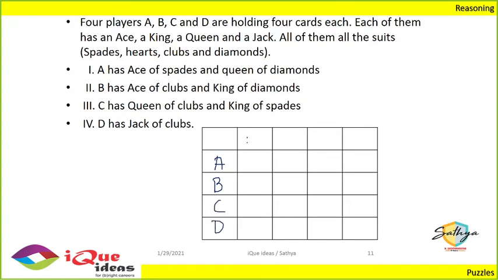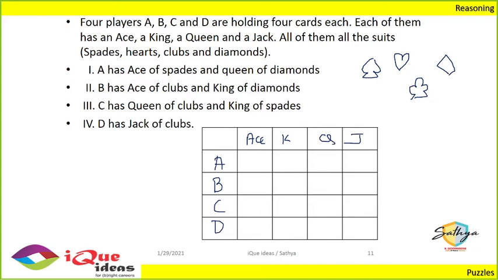Each of them, they have an ace, they have a king, they have a queen, and they have a jack. Okay, and all of them have all the suits. I hope you know what the suits are, right? This is known as the spades, this is hearts, this is clubs, and this is diamonds.